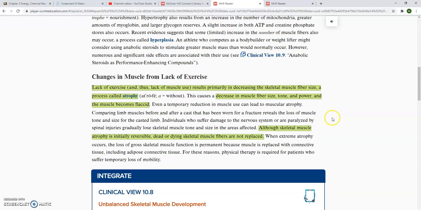And this is bad because if you have atrophy, it could be temporary. Sometimes that can happen. But if it goes too long, you'll get to the point where you can't reverse it. So if you're not using your skeletal muscles and they atrophy, they can start to die and they won't be replaced.